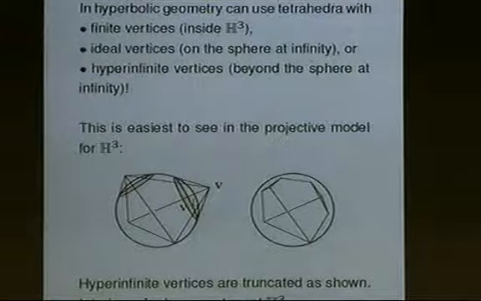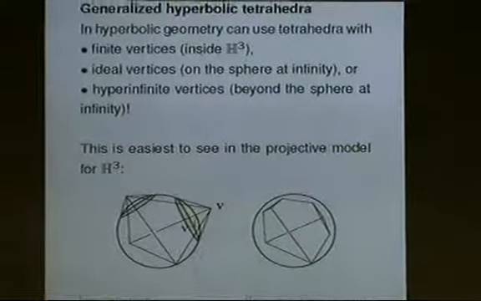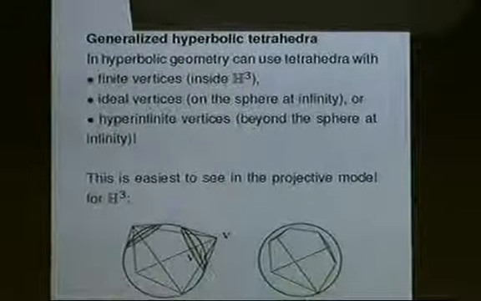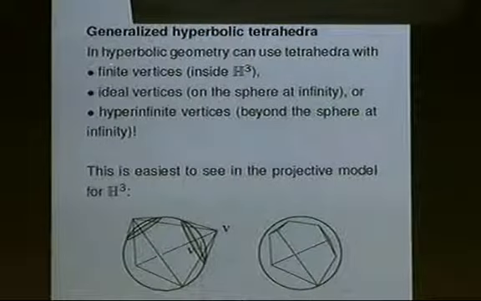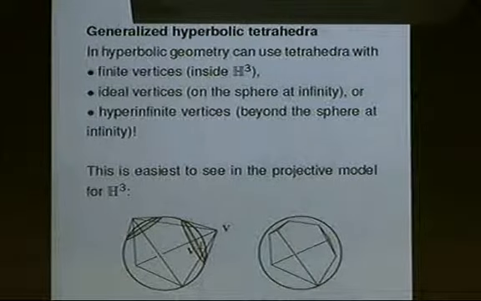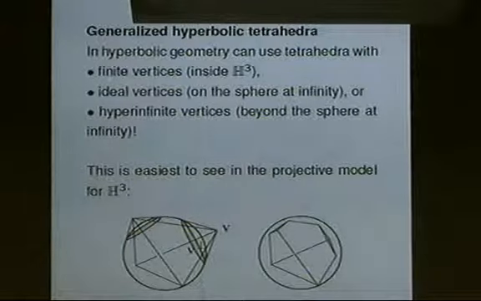Now, in fact, there are various kinds of generalized tetrahedra we can look at in hyperbolic geometry. And it's useful here for dealing with all the possibilities. So if we're working in hyperbolic 3-space, the usual tetrahedra are compact tetrahedra with all finite vertices.